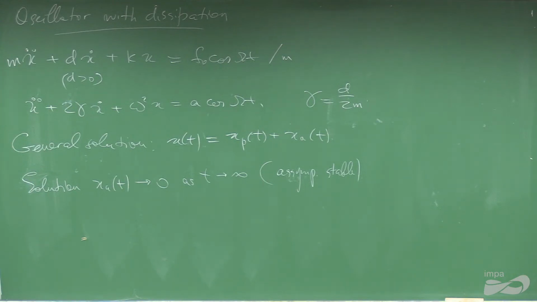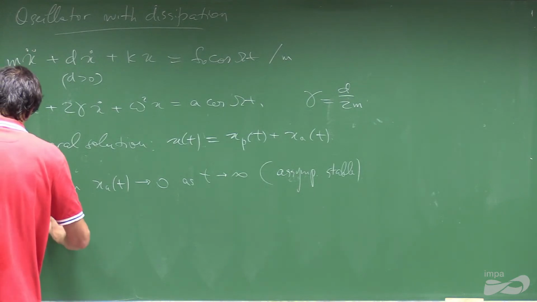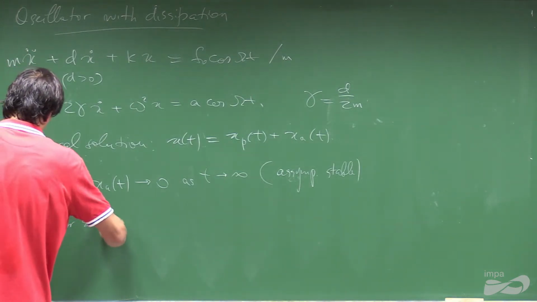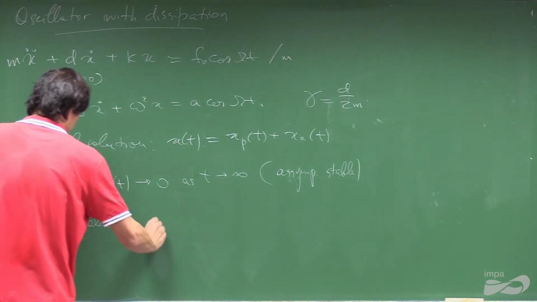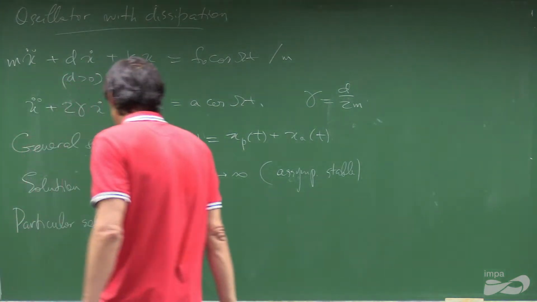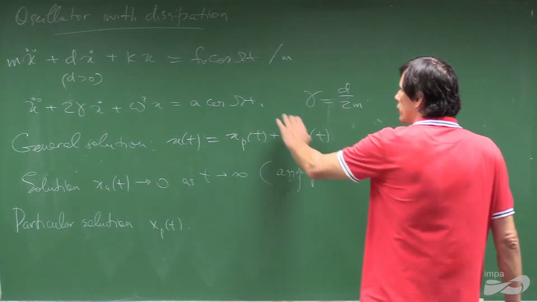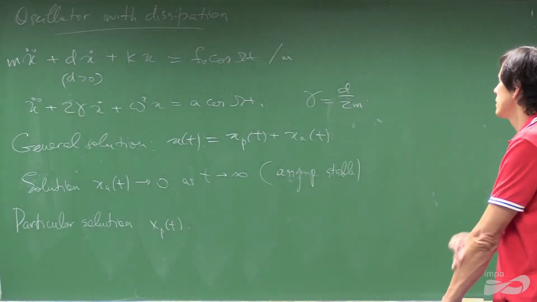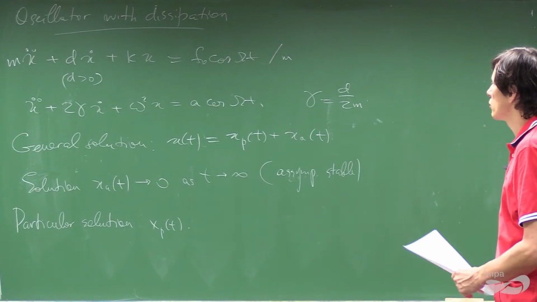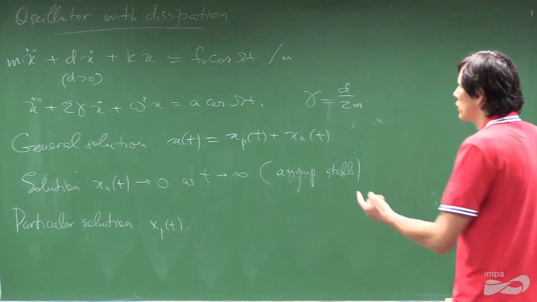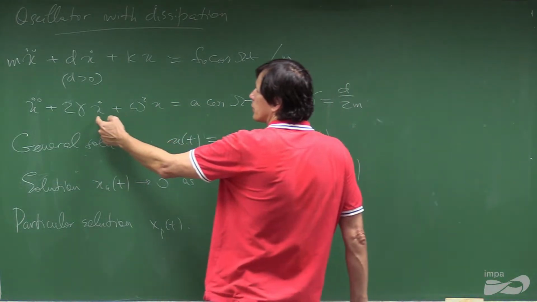Okay, and then we only need the particular solution. So we need to find just one solution of this system. Now it's not convenient to use cosine omega t because we have a first derivative, which will give sine.